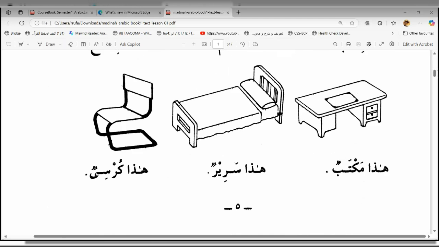Okay? One of the ways you know if a word is a noun, a verb, or a harf is tanween. If it has tanween, then you know for sure it's a noun.